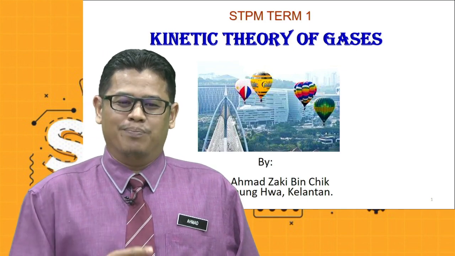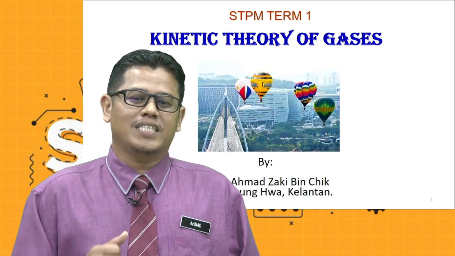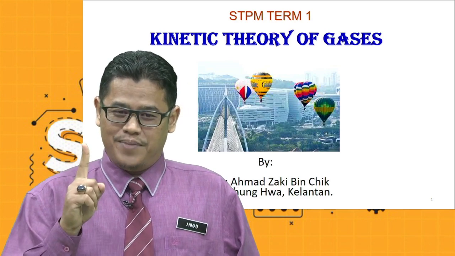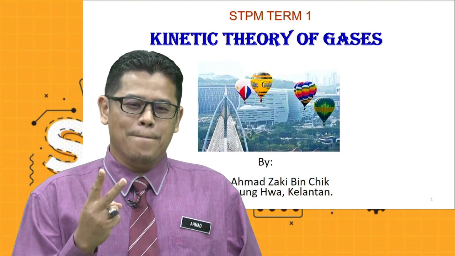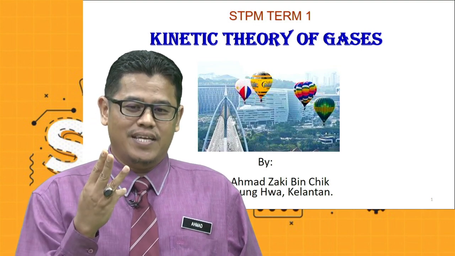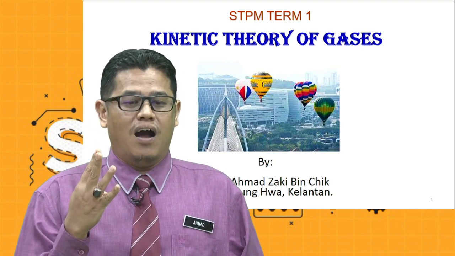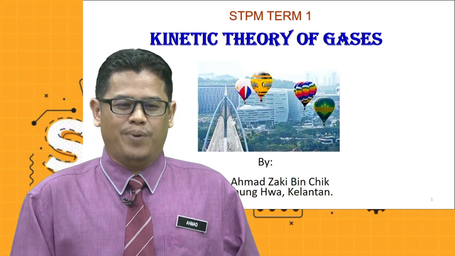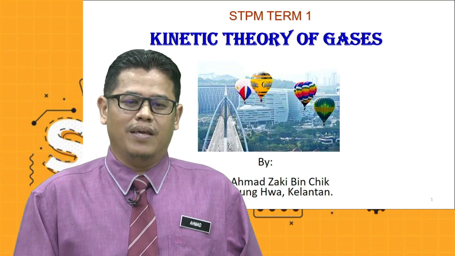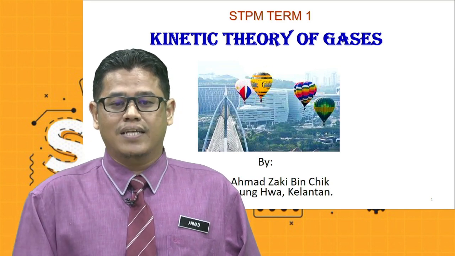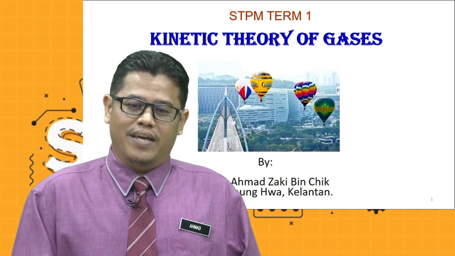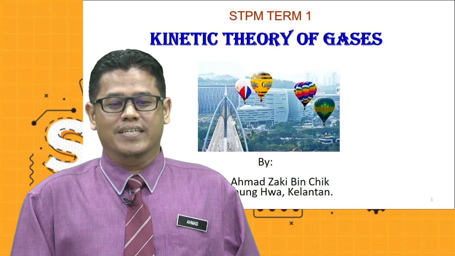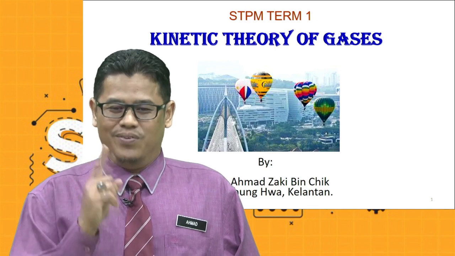This chapter consists of 6 subtopics: ideal gas equation, pressure of a gas, molecular kinetic energy, the root mean square speed of molecules, degrees of freedom and law of equipartition of energy, and last but not least, internal energy of an ideal gas. So let us begin our discussion now.